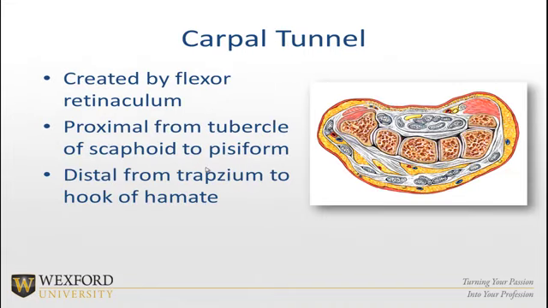So let's take a look at the carpal tunnel, which is created by the flexor retinaculum here, which goes proximally from the tubercle of the scaphoid to the pisiform, and distally from the trapezium to the hook of the hamate.